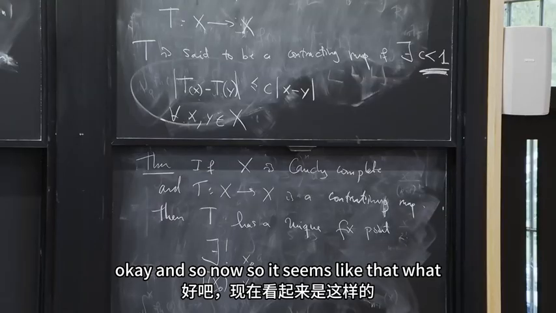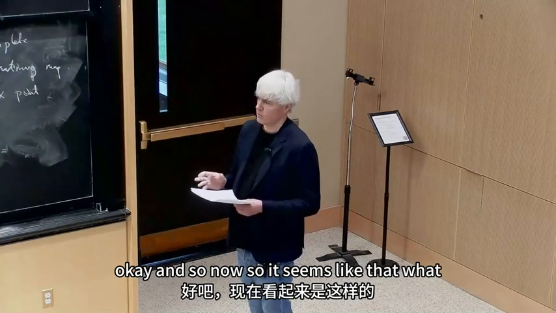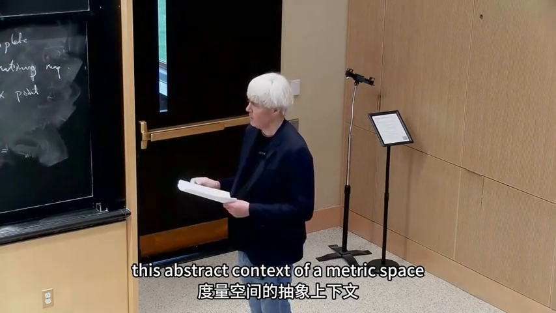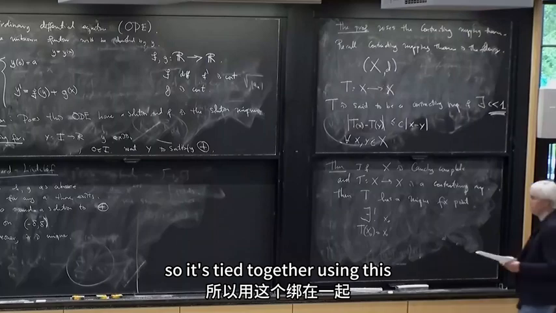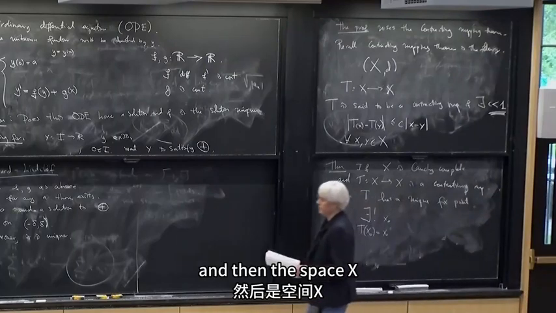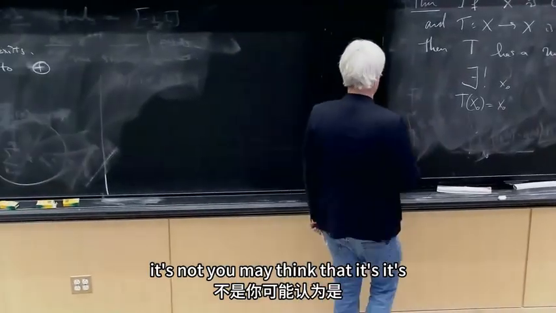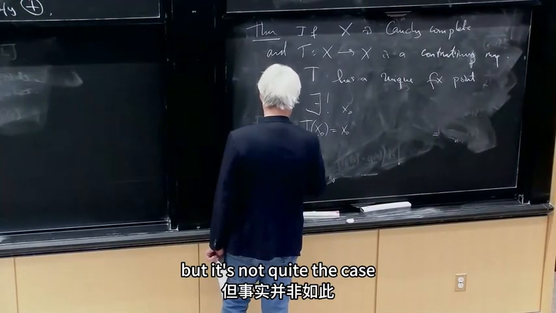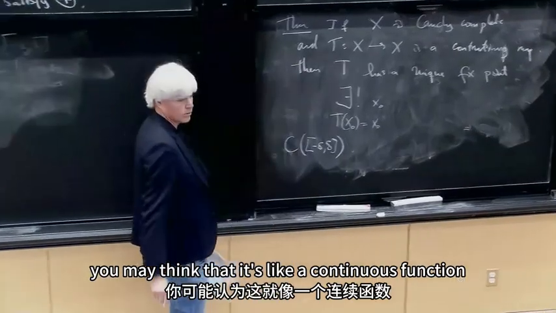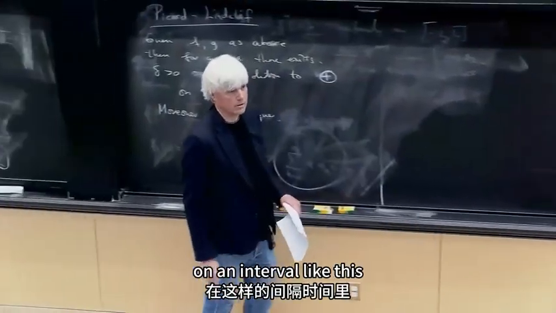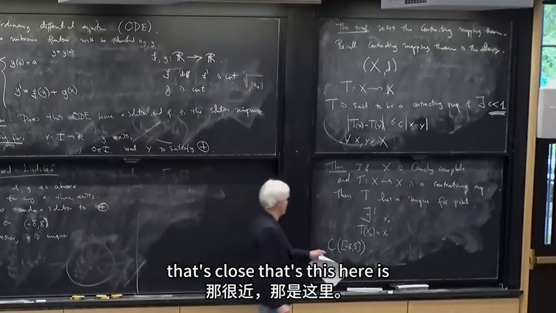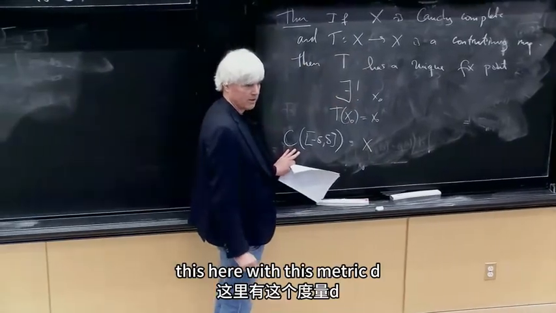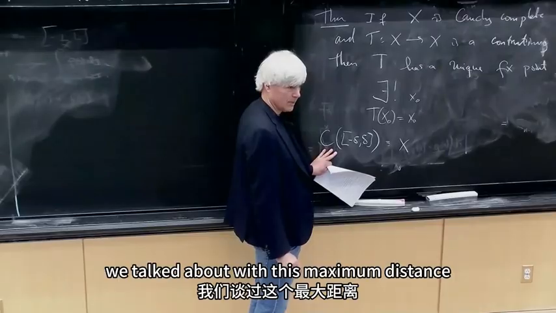So it seems like, what does an ODE have to do with this abstract context of a metric space? It's tied together using this. The space X, you may think that it's like the continuous functions on an interval with the metric D we talked about, with this maximum distance.